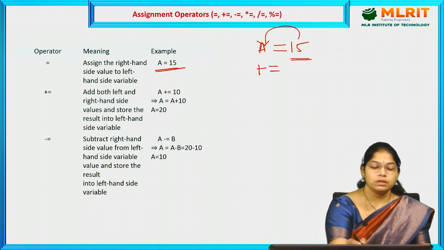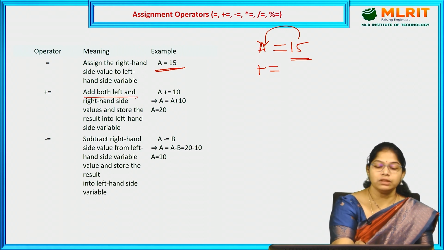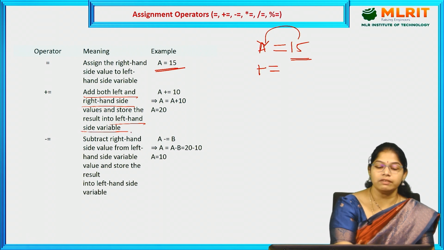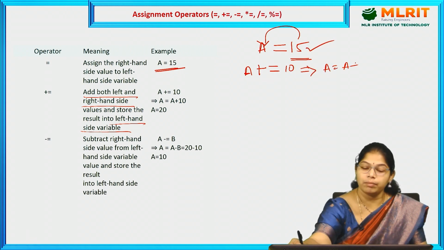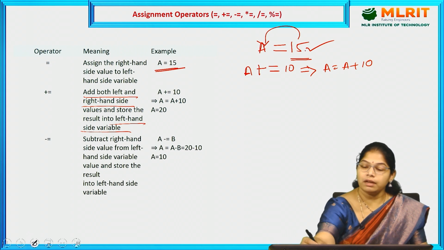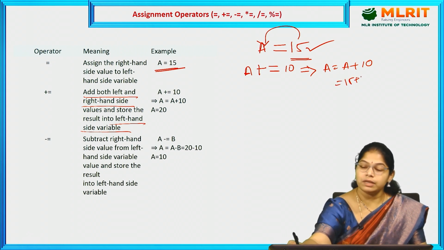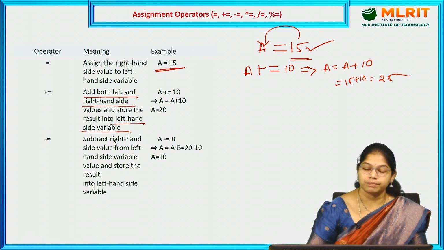This represents add both the left and right hand side value and stores the result in the left hand side variable. Let us suppose A plus equal to 10. We can write this as A equal to A plus 10. Here A value is 15, 15 plus 10. So here we got 25.